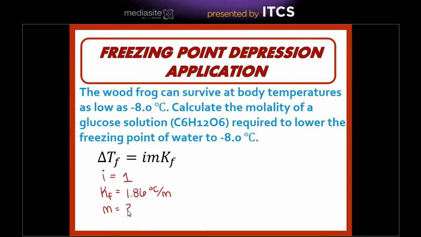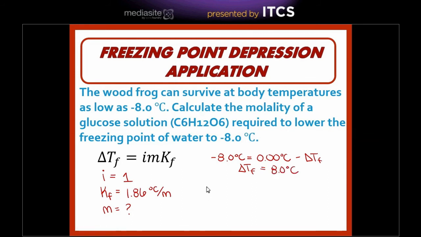Now, to solve for our delta Tf, we know that the freezing point of water in its pure solvent state is 0.00 degrees Celsius. And so ultimately, to get the temperature of the solution down to negative 8.0 degrees Celsius, we can see that delta Tf will just be a change of 8.0 degrees Celsius.